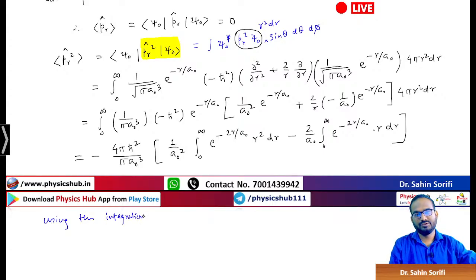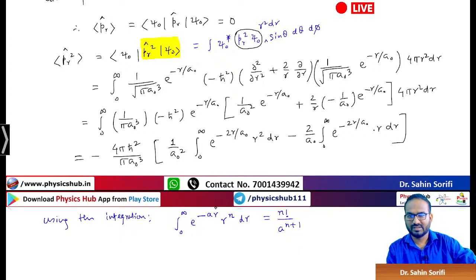So we know this general integration: 0 to infinity, e to the power minus a r, r to the power n dr, is n factorial by a to the power n plus 1. Sometimes we are habituated to writing alpha e to the minus alpha r, r to the power n dr, is n factorial divided by alpha to the power n plus 1.